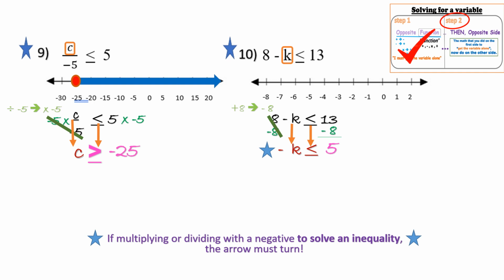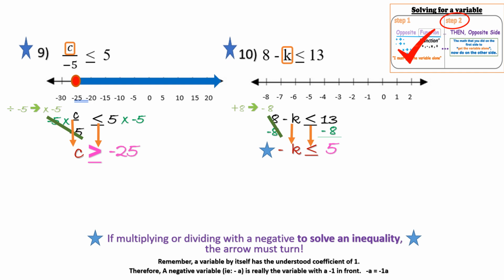So I need to remember that any variable without a coefficient has that understood coefficient of 1. So really what we're saying is that I have negative 1 times k is less than or equal to 5. Therefore, this is going to be a two-step algebraic equation because I have to get k alone and being positive.